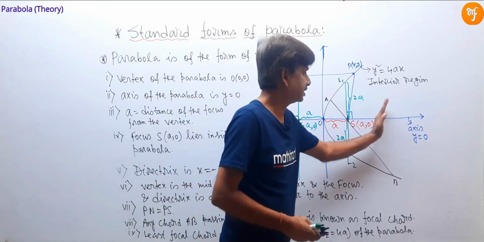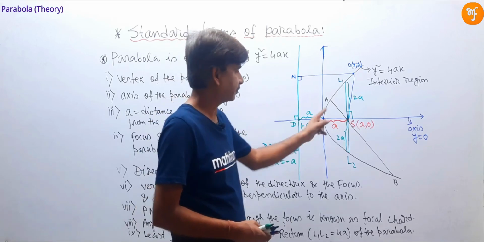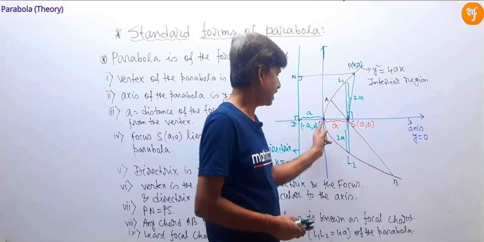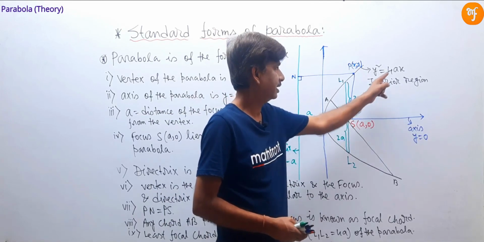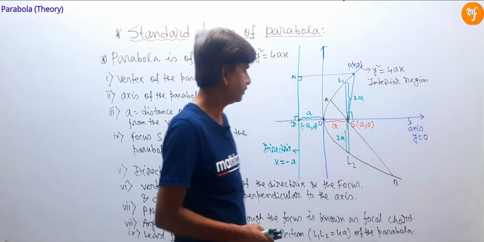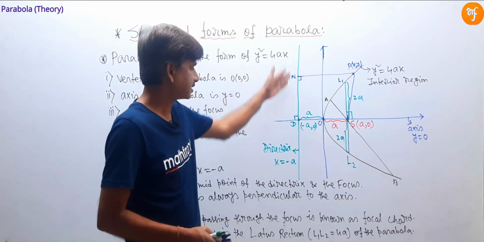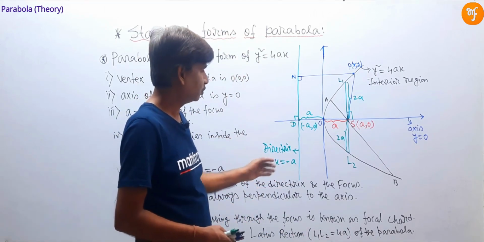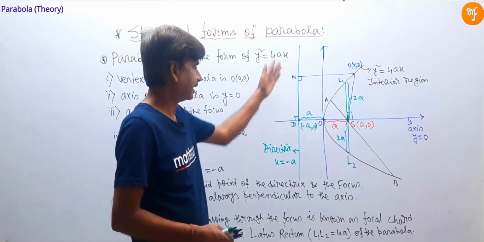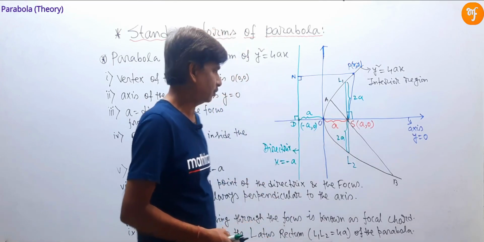This side is the interior region and this side is the exterior region. Focus is a fixed point on the axis of the parabola at a distance a unit from the vertex, a as in the equation y square is equal to 4ax. So the coordinate of the focus will be (a, 0). Directrix is a fixed line at a distance a unit from the vertex and directrix is perpendicular to the axis of the parabola. Got it?